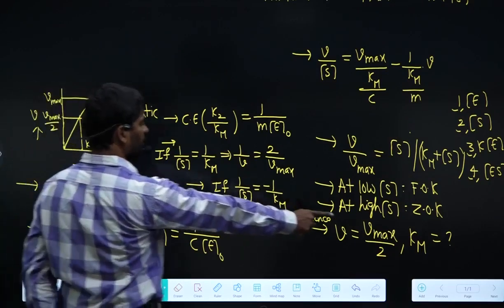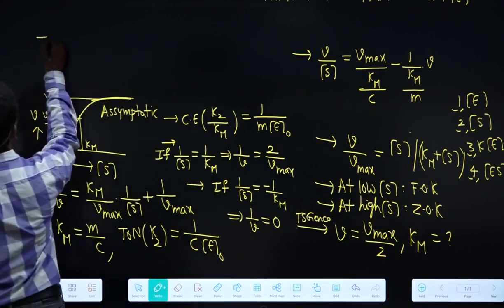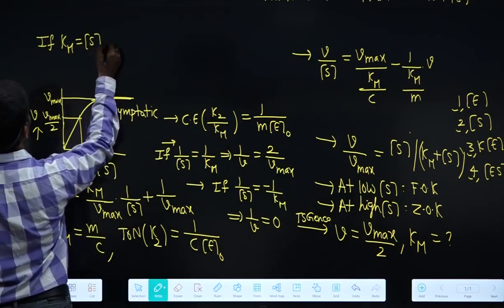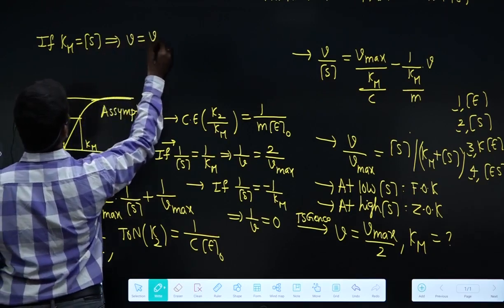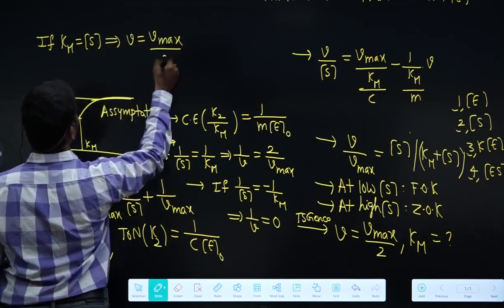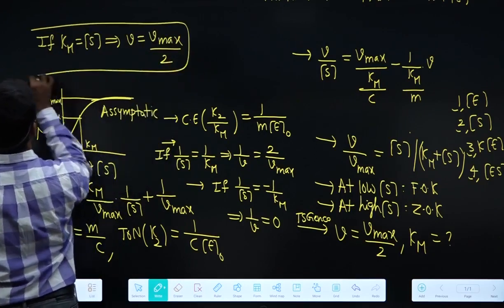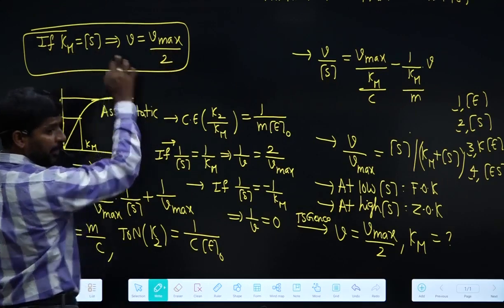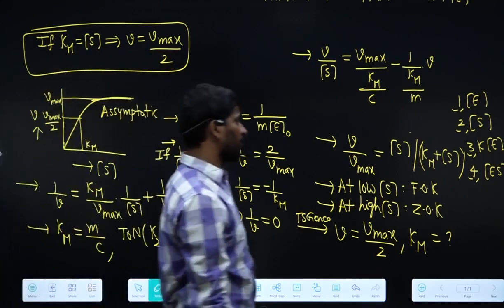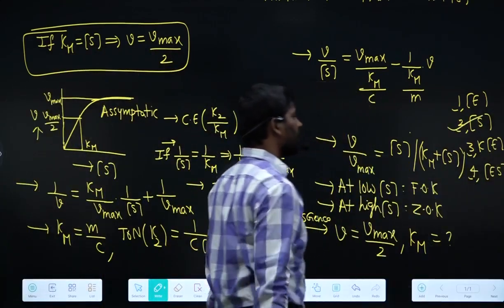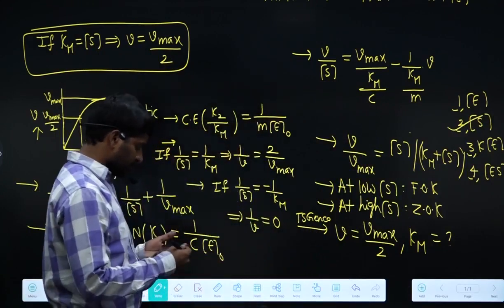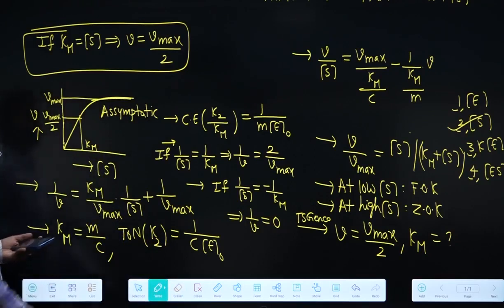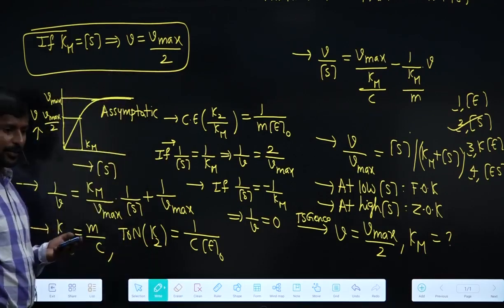If Km is equal to concentration of S, then what about the rate and half of the maximum rate? So in the question it is given, if rate is half of the maximum rate, then what about Km? Km is equal to the concentration of substrate. That is option 2. If Km is equal to S, V is equal to V max by 2.